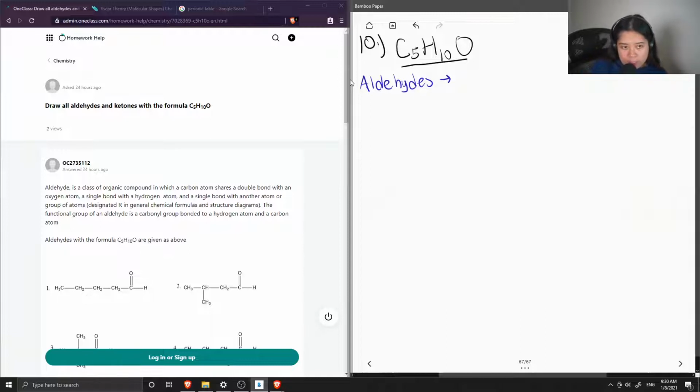So an aldehyde is when the carbon has a double bonded oxygen and this is at the end.